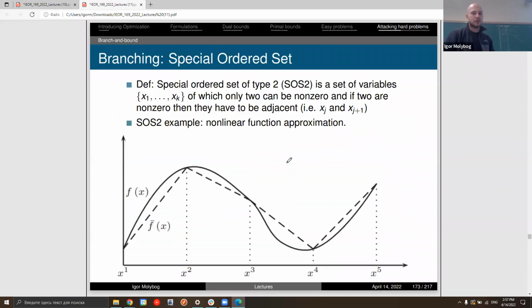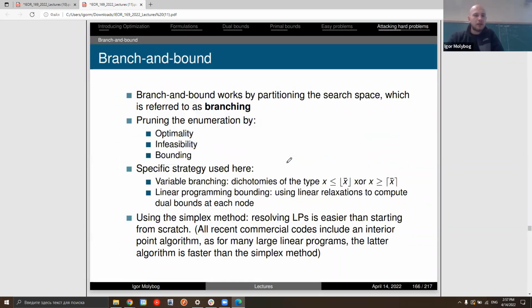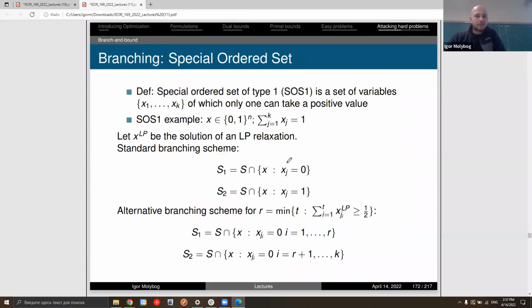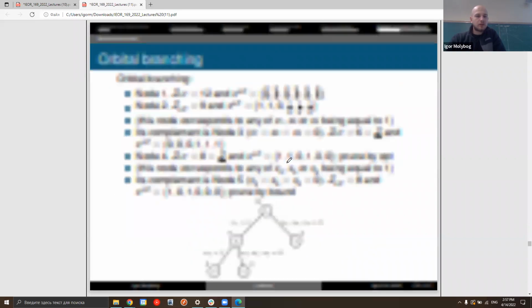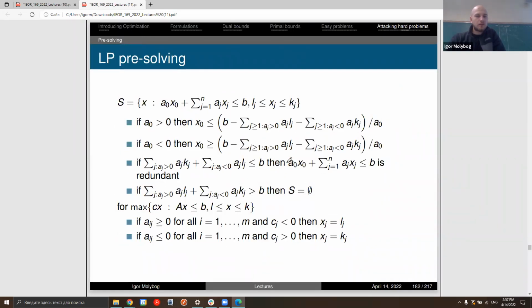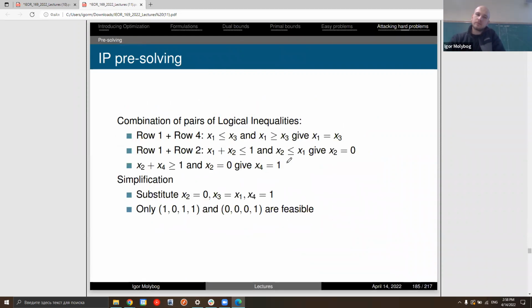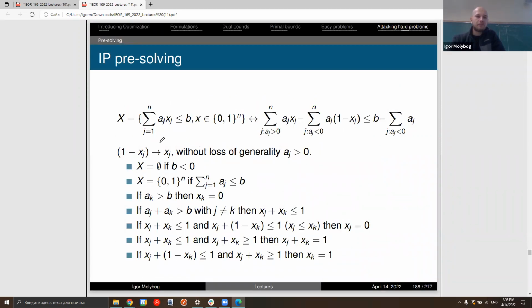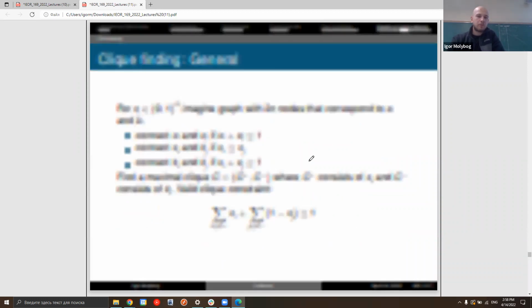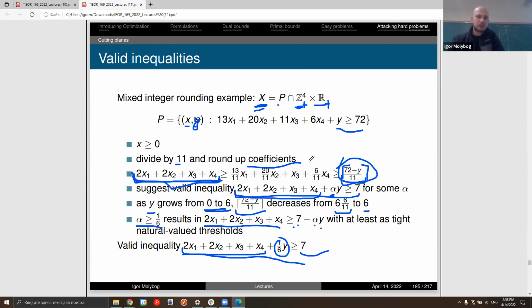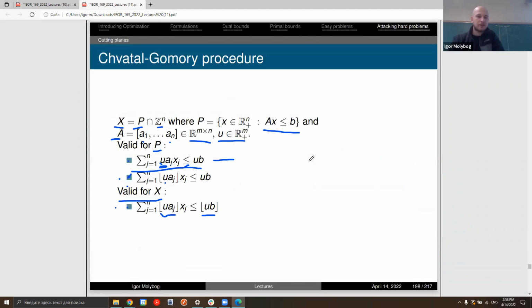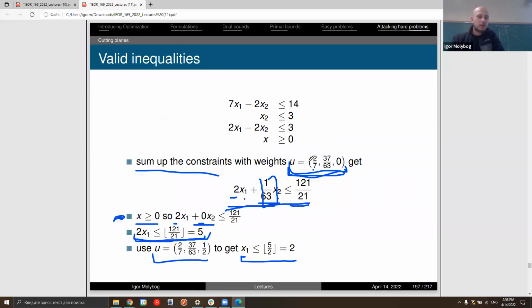I just forgot to remind you about that. It was somewhere, yeah, right here. So basically, you normally would be able to consider your coefficients being non-negative. But I'm not sure. Yeah, I mean, that's true.